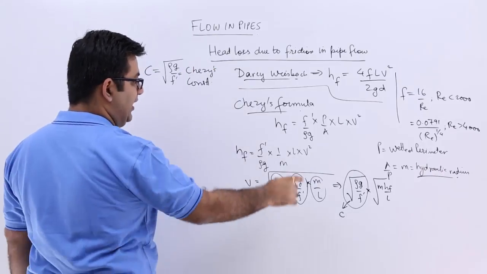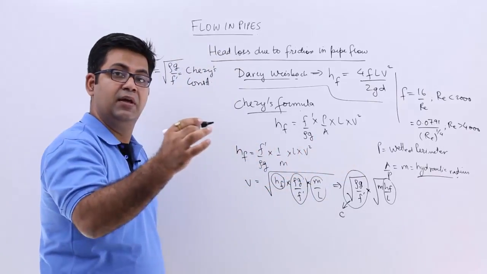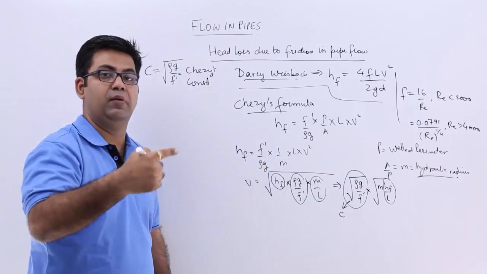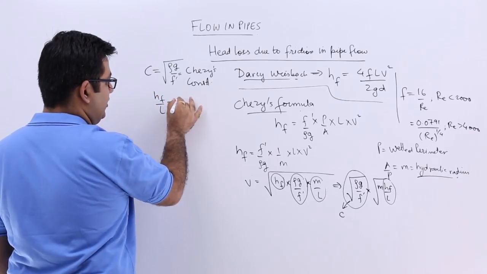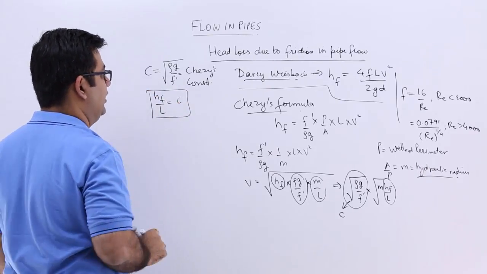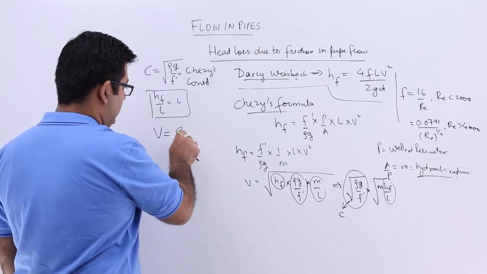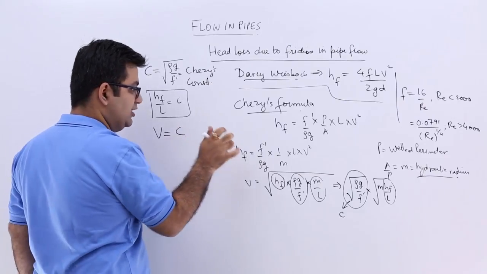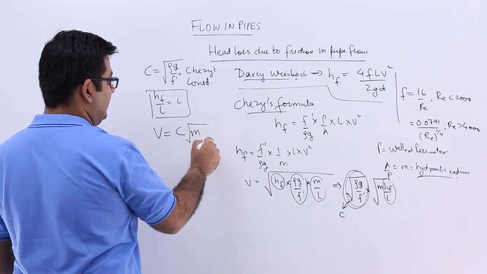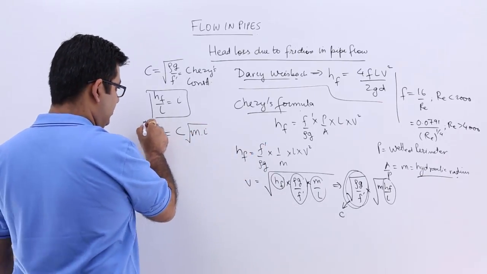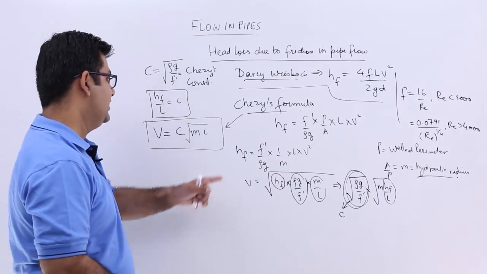And if I take this ratio, which is hf by L, this is the friction head loss per unit length. So hf upon L can be substituted as, let us say, letter i. So that entire equation will become C into under root m into i. So this is another form of writing Chezy's formula.